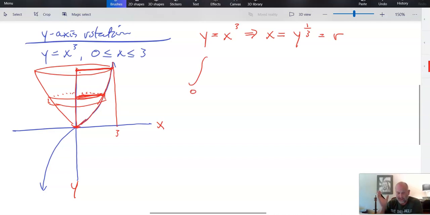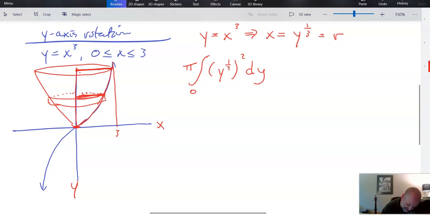Then I have that pi, and I'm always pulling the pi through the integral anyways, so I'll put it on the outside to start with. And then I need my r squared, which would be y to the 1/3 squared dy. The dy is the thickness of your disk.